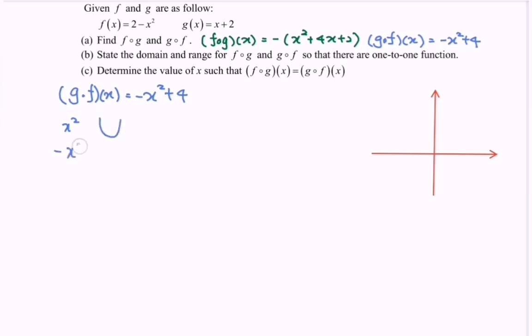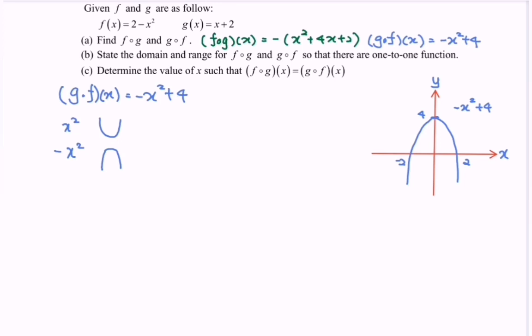If negative x squared, the graph will be something like this, and then move up by 4 units. So basically the graph will be something like this. Here we have negative x squared plus 4, with the intercept 4 here, and then the intercepts negative 2 and 2.